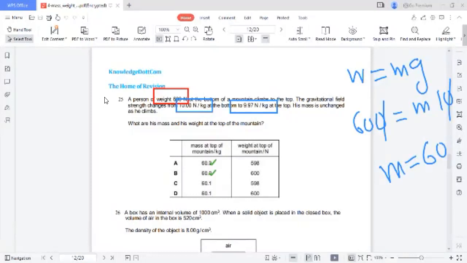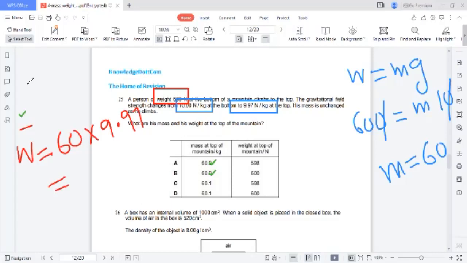And now weight at the top, like mass remains the same, weight is going to vary. So we are going to find weight. Mass is 60, g is 9.97. Okay.